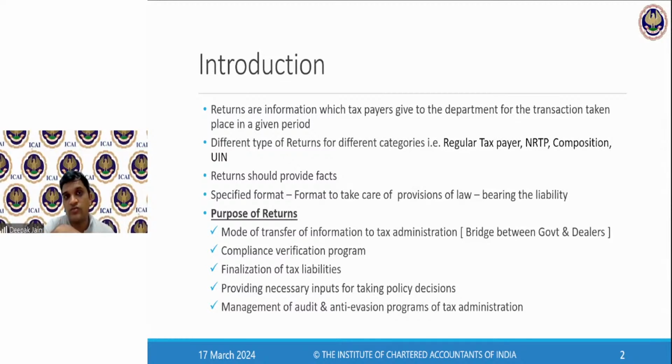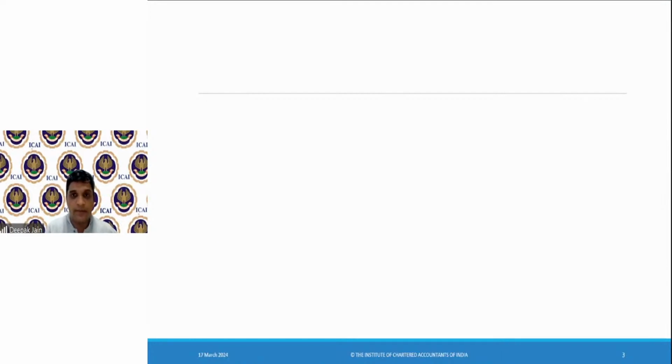Why is it so? From this comparative analysis of taxpayers in the same industry, the tax administrator will get to know what has to be done: what has to be done in terms of collecting taxes, and in terms of finding out the loopholes and fixing them. That is the work of these returns, which the audit and anti-evasion team will use.